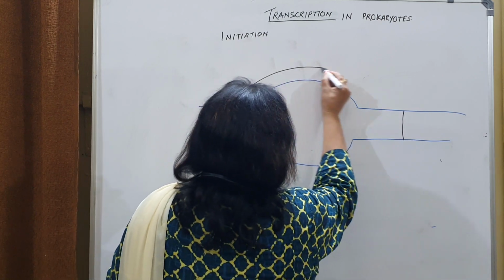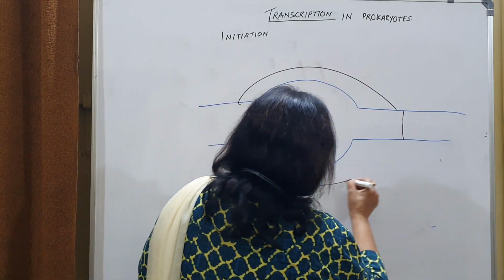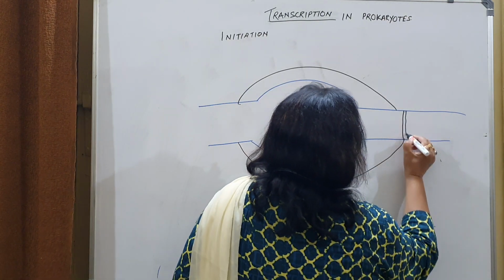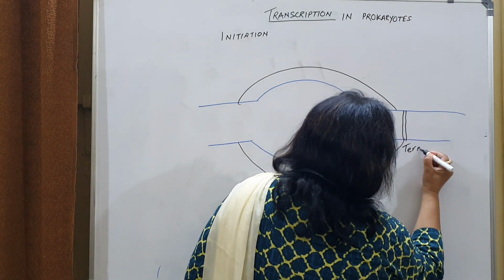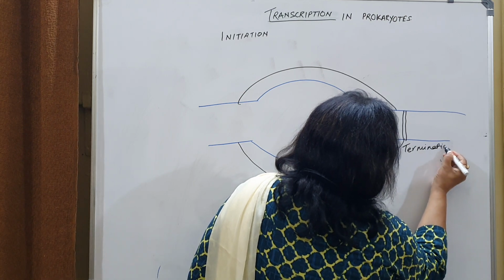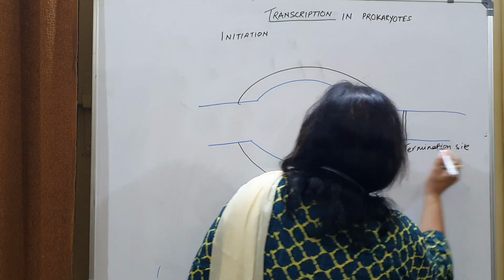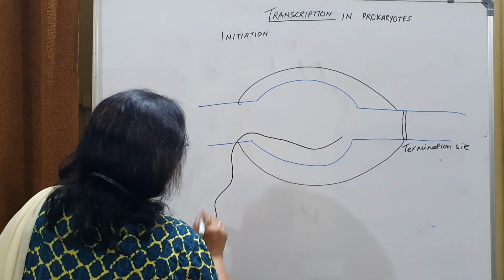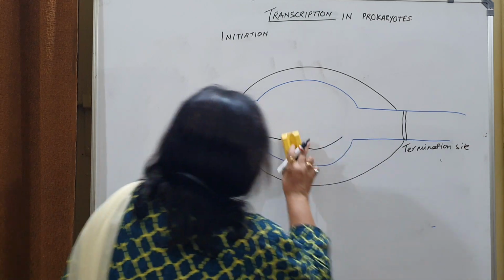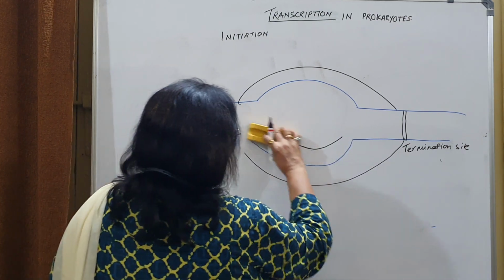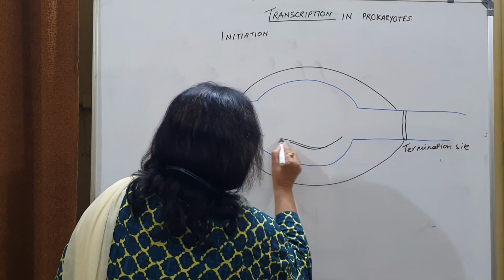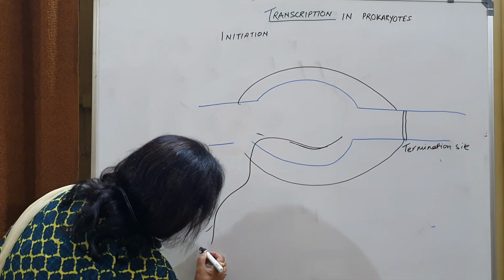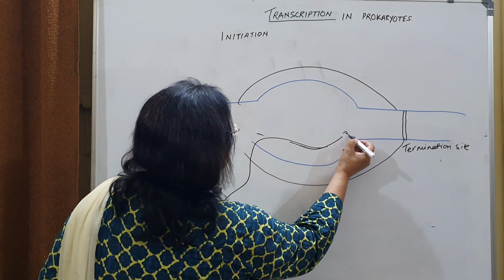So RNA polymerase will now reach the termination site, and here the RNA is being synthesized in 5' to 3'.